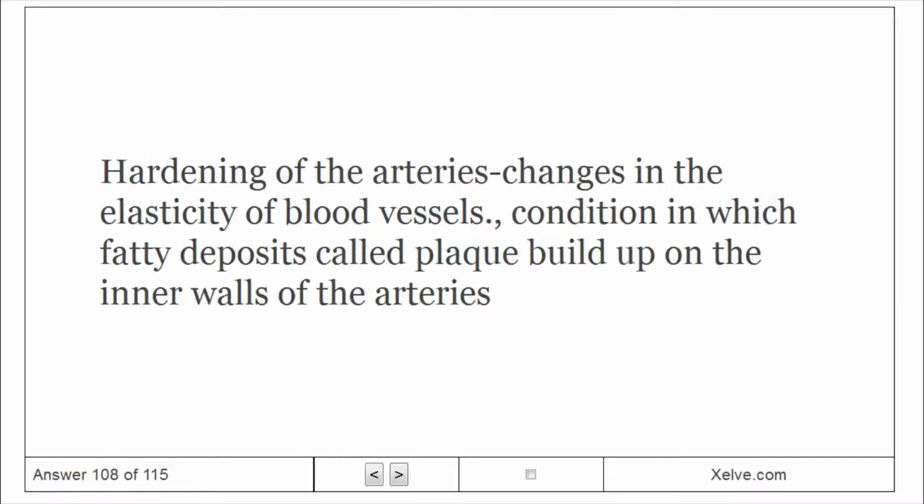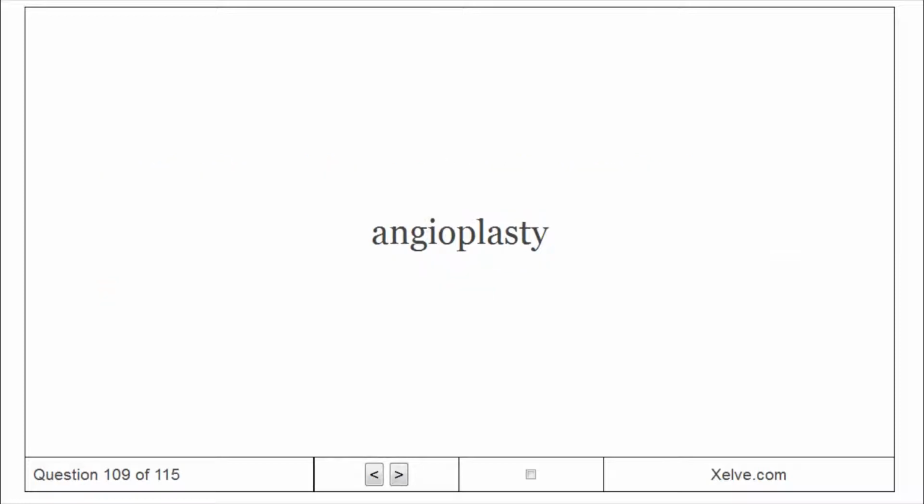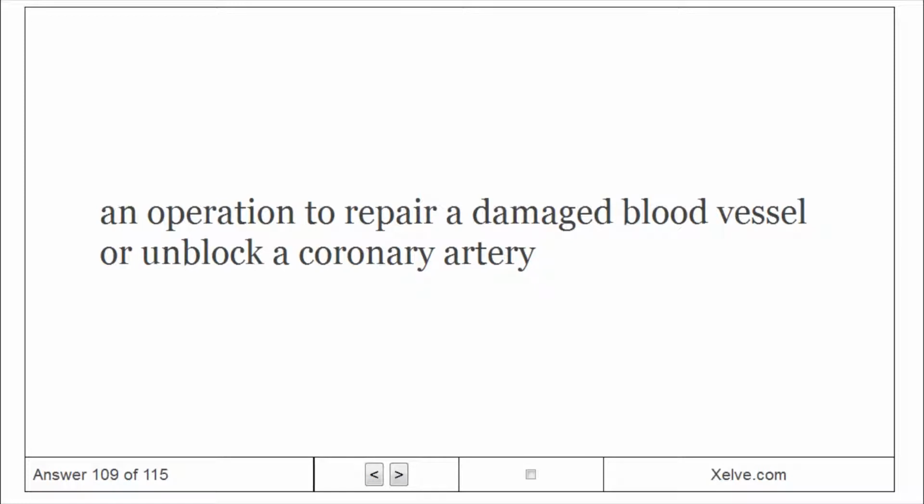Atherosclerosis, hardening of the arteries, changes in the elasticity of blood vessels, a condition in which fatty deposits called plaque build up on the inner walls of the arteries. Angioplasty, an operation to repair a damaged blood vessel or unblock a coronary artery.